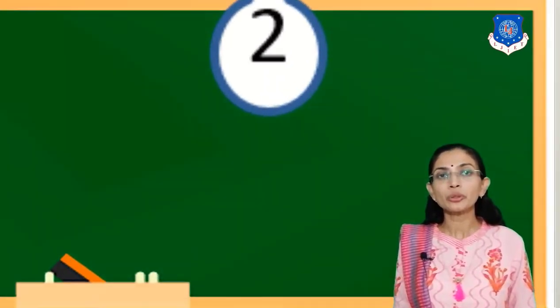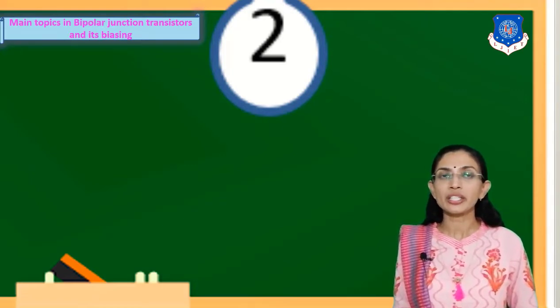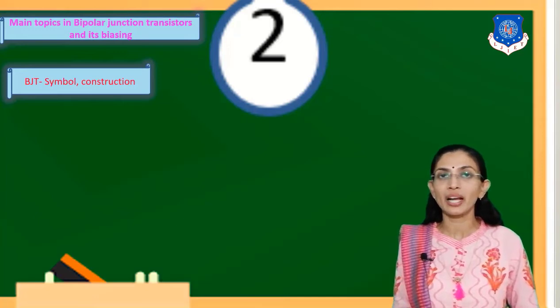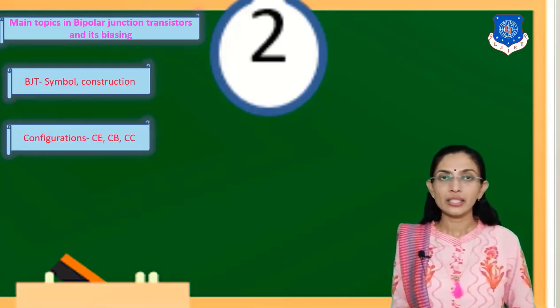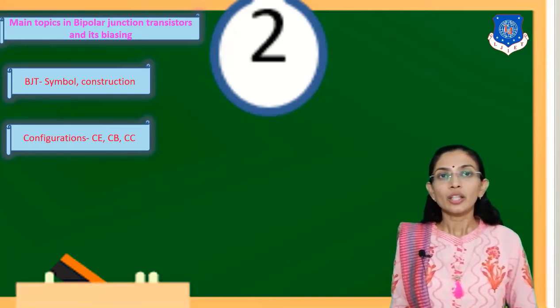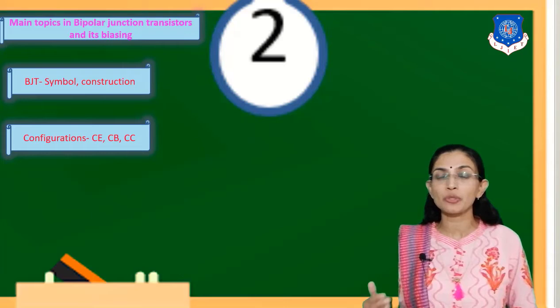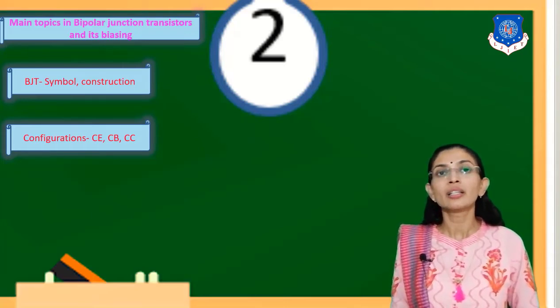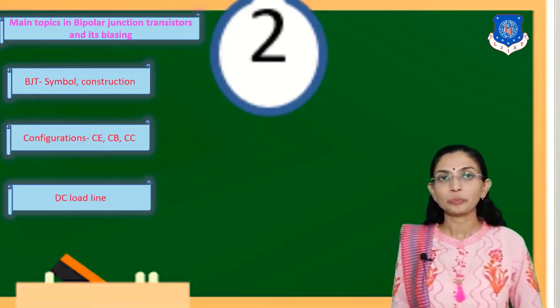So let me come to chapter number 2. The main topics covered in the bipolar junction transistor and biasing chapter are BJT symbol and construction, and configurations, meaning the different configuration types of BJT, the bipolar junction transistor: common emitter, common base and common collector.